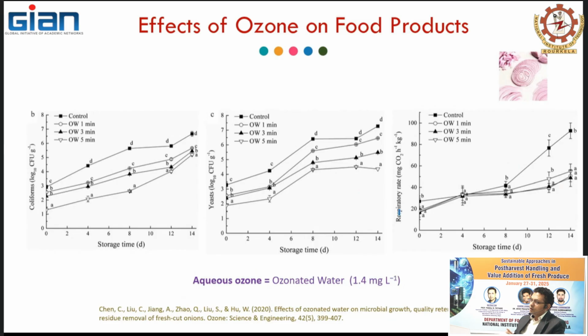But you can find one thing again here: the chlorophylls and yeast are not directly linked with the respiratory one. The respiratory one, with the timing, is also changing what we are expecting here.